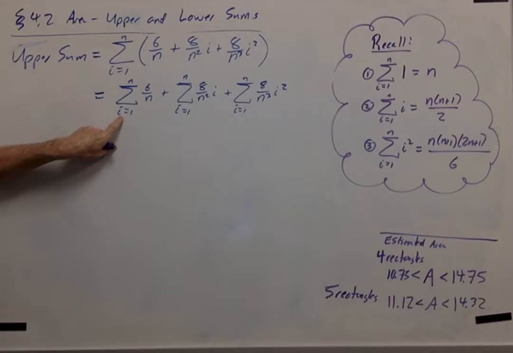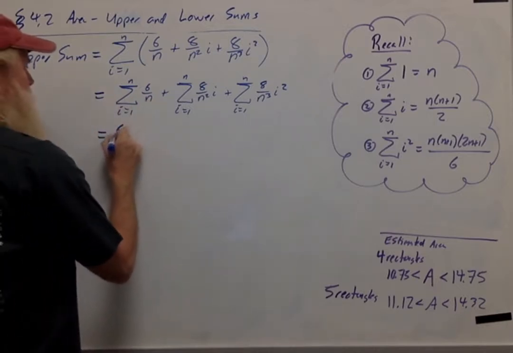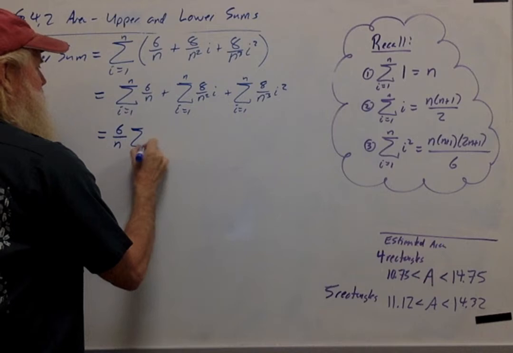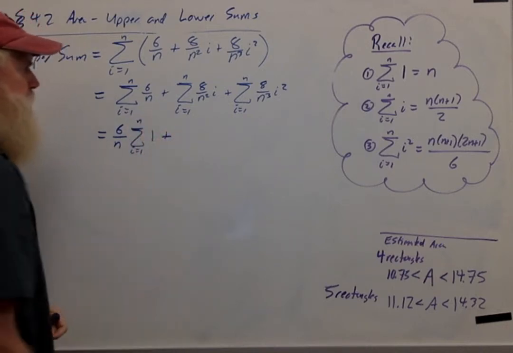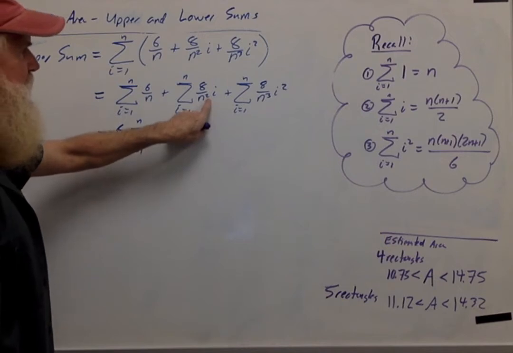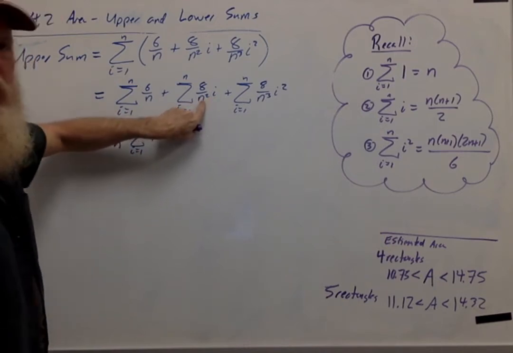Now in the first sum, my index of summation is i. I'm summing with respect to i. And this expression doesn't have any i's in it. So I can factor this 6 over n to the front of this sum. So I have 6 over n times the sum i equals 1 to n of 1. In the second sum, I do have an i, but it's multiplied by 8 over n squared.